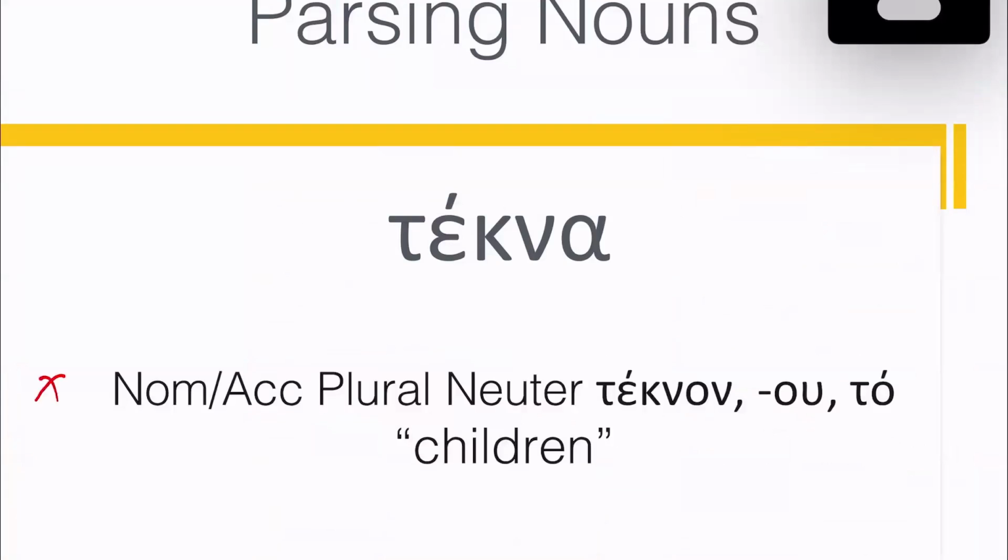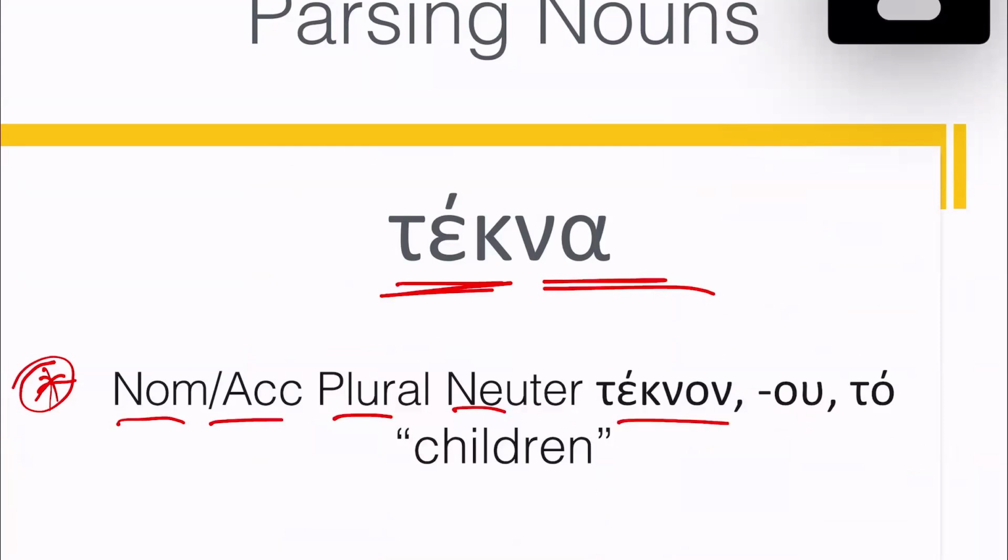So this is a briefer way to write this out when we ask you to parse this. If I was asking you to parse this word, it's either a nominative or an accusative. It's plural, it's neuter, it's from the word teknon, and it means children. And I guess you could also say it's either the subject or the object of the sentence. And we know that because of this here.